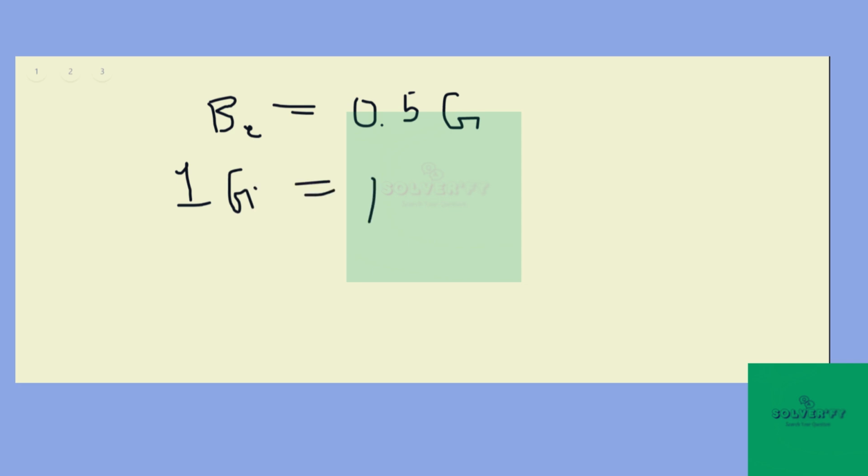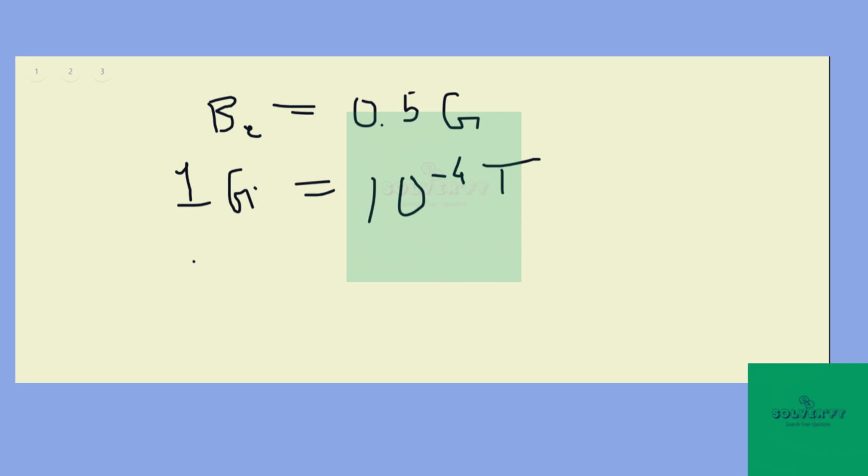So it's given that the Earth's magnetic field is 0.5 Gauss. And we know that the relation between the Gauss and Tesla is, so 1 Gauss equals 10 raised to negative 4 Tesla.